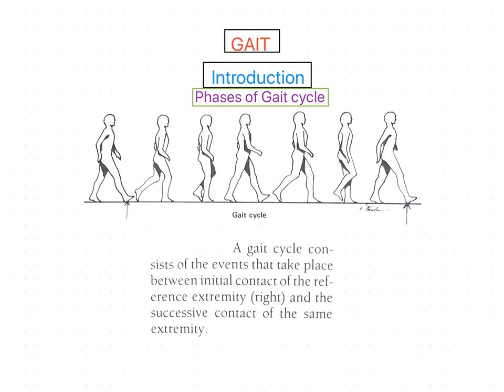So, knowledge of kinematics and kinetics of normal ambulation provides us the means for analyzing, identifying and correcting the abnormalities in gait. First of all, in this chapter we are going to discuss the kinematics of gait.